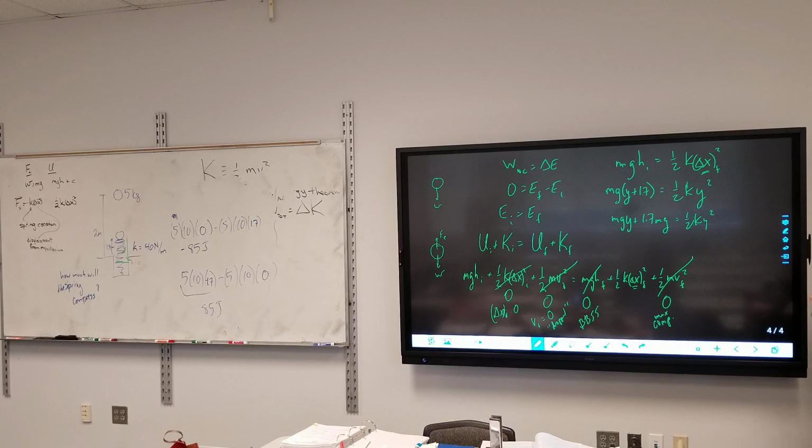What kind of problem am I dealing with here? It's a math problem at this point, because I know m and g and k. It's a polynomial, more specifically. What order polynomial?